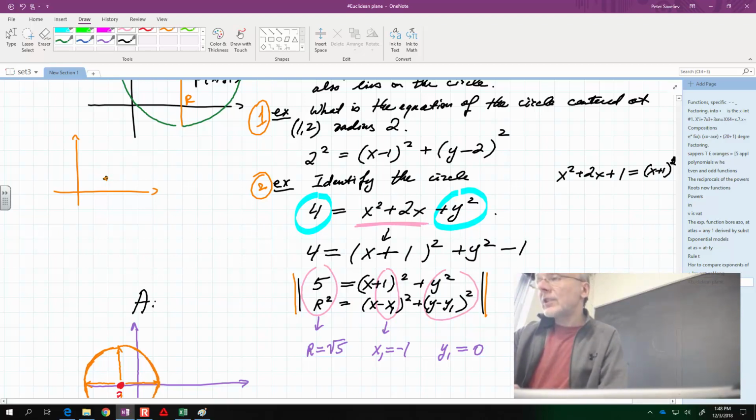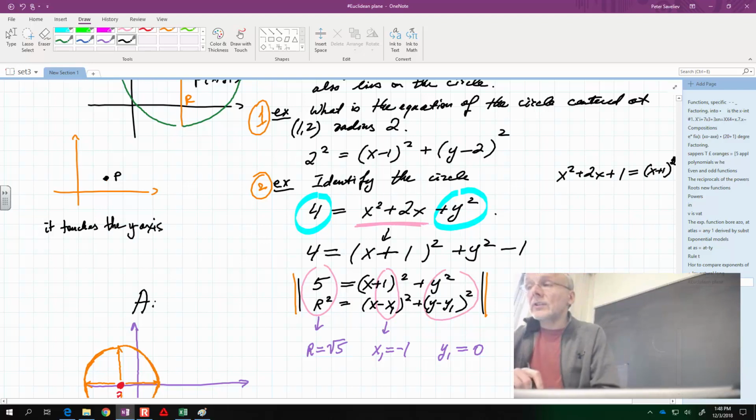So this is the center, P, and then the second piece of information is that the circle touches the y-axis. You're supposed to determine the radius from this. What's the radius?